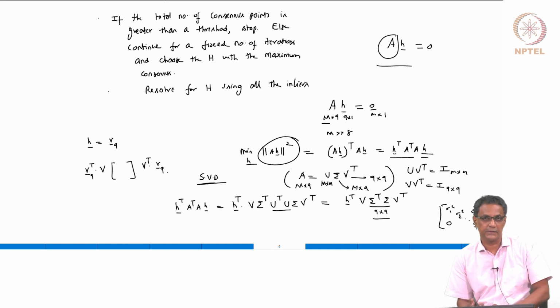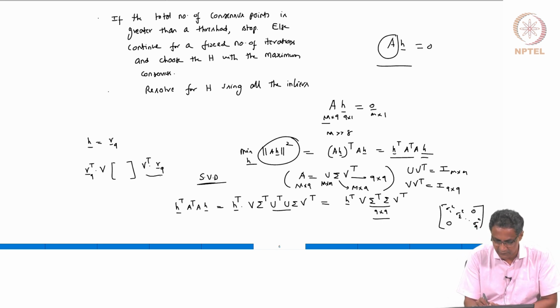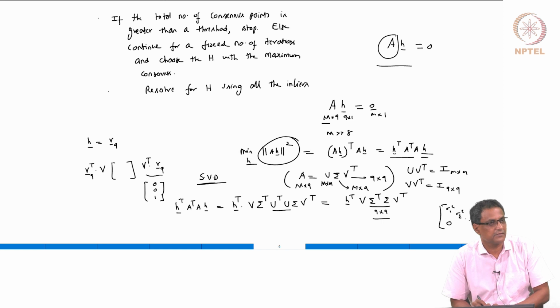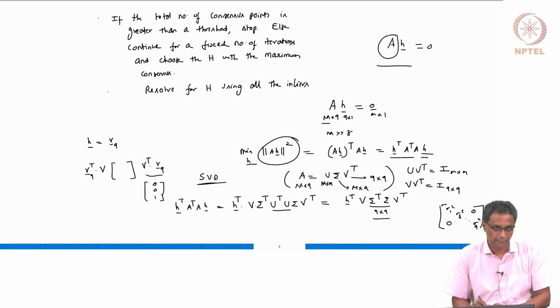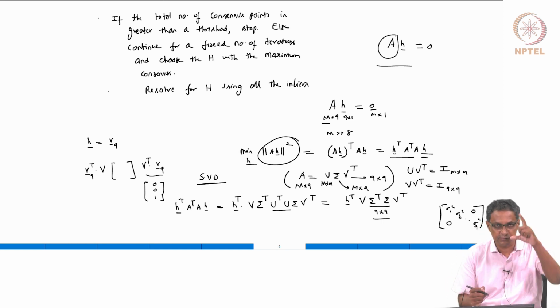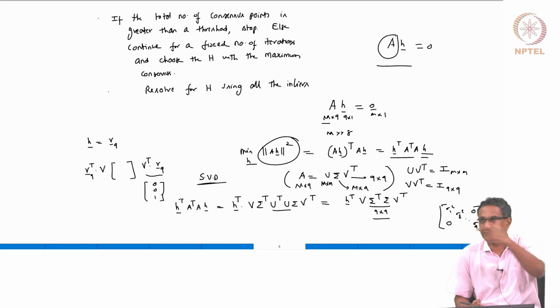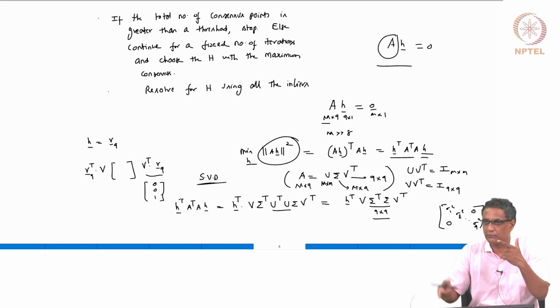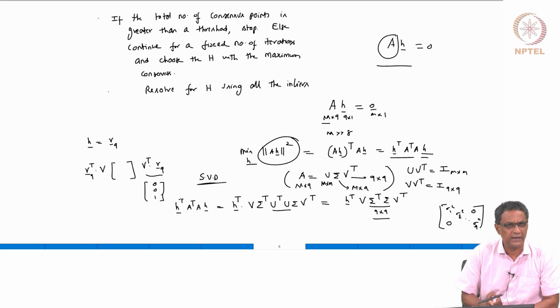We know that V transpose V is identity, so this will give you a vector with all zeros except for the last entry, which will be 1. V9 is the last column of V, so V transpose has just that row, and row times column gives this. This is straightforward, right?